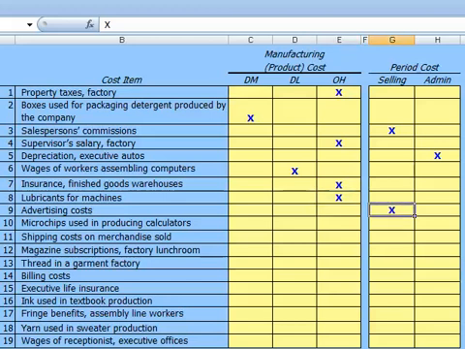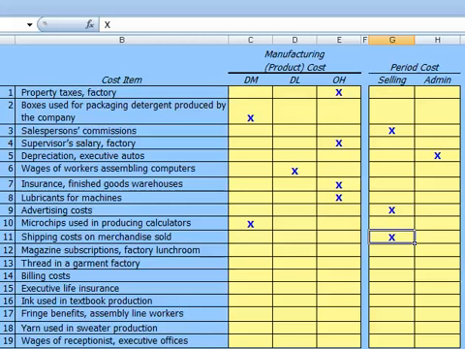Advertising cost would be a period cost, a cost of generating sales. The microchips used in producing our calculators would be direct material costs. Shipping costs on merchandise that we sell would be a selling cost and part of period costs also.